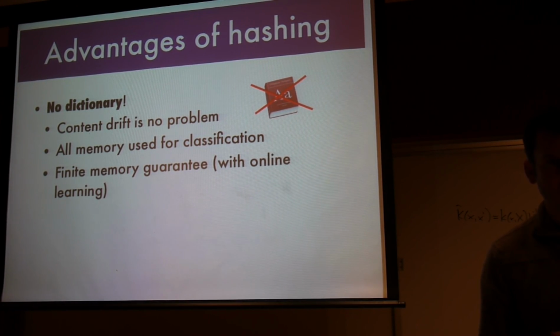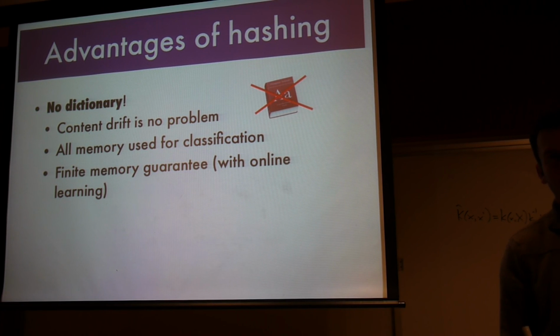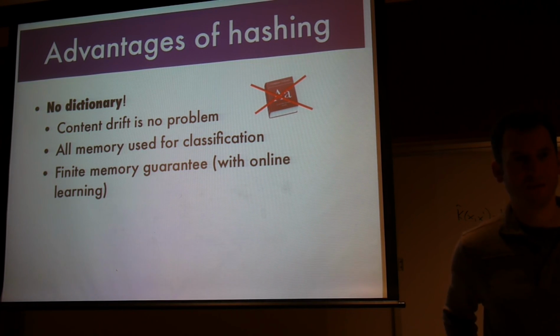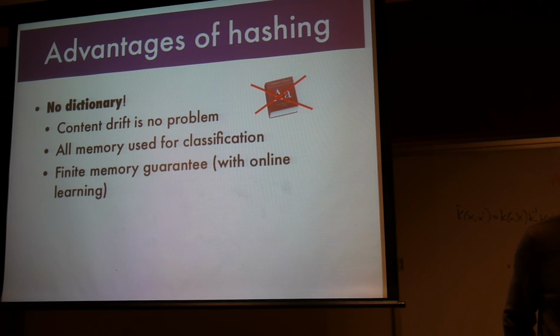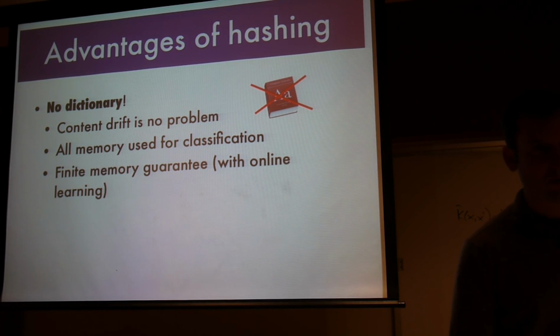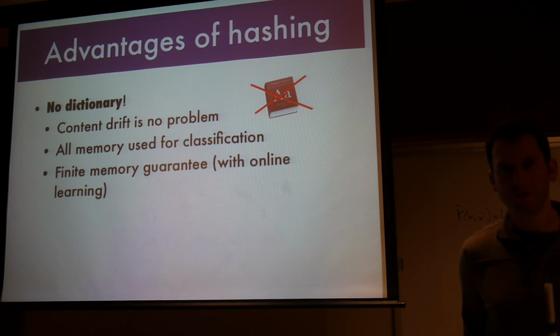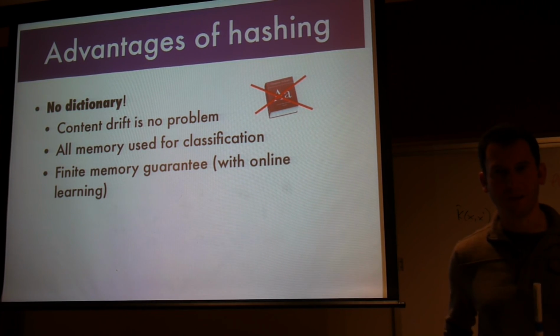So that means if I have a new word occurring that wasn't in my dictionary before, it's very easy because I can just compute the hash of it and I know immediately where it goes. I might not have a very meaningful parameter stored for it at that location, but at least I know where it has to go. The second thing is I'm now able to use all the memory that I have for classification.